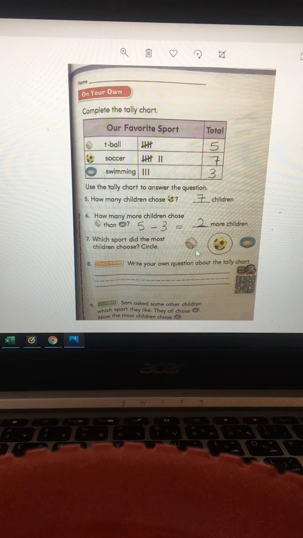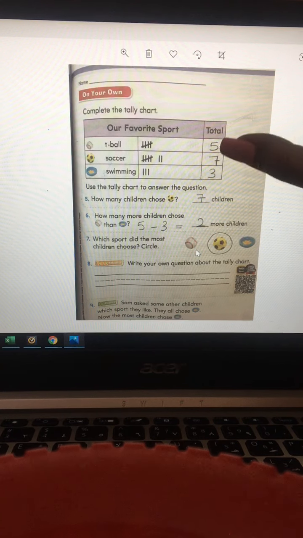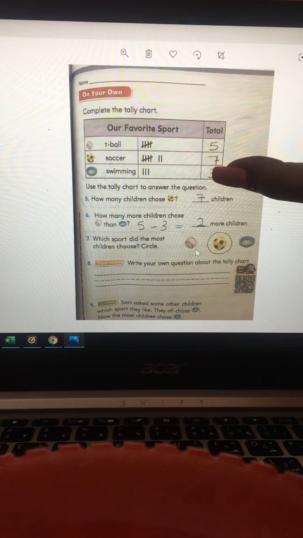Question number 7. Which sport did the most children choose? We are going to look over the total number of students who chose the 3 sports.